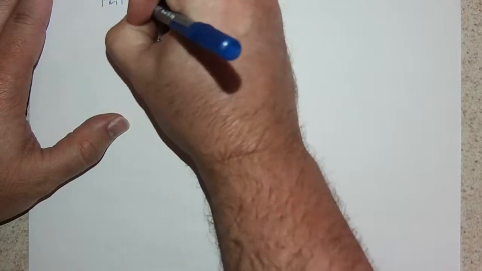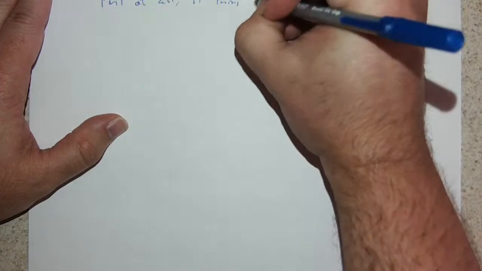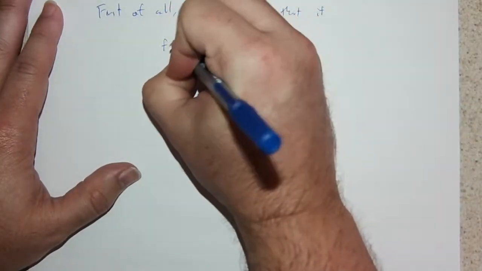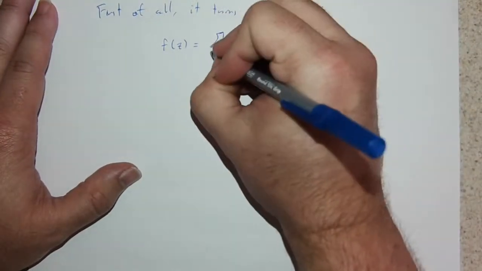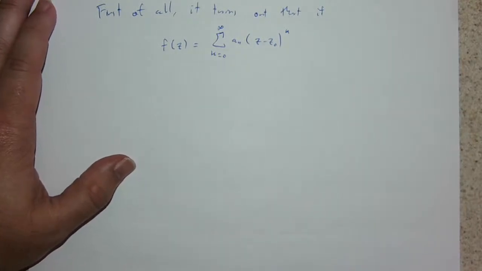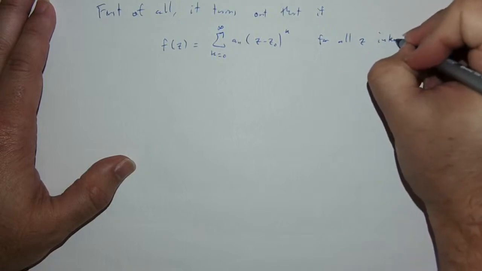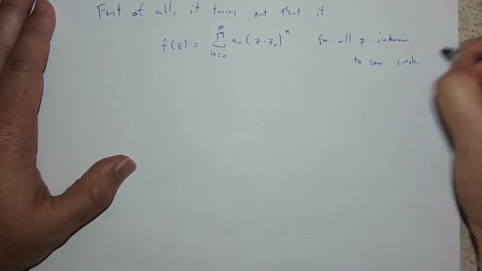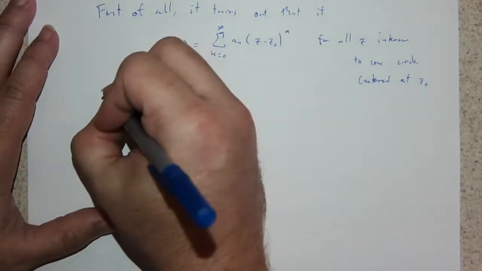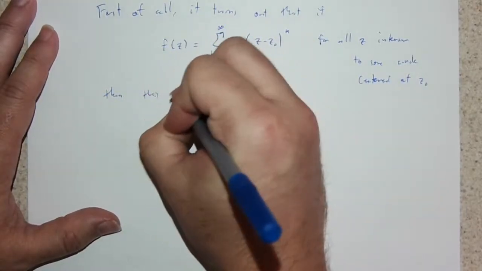And so what do we know? Well, first of all, I'm not going to state it yet, but it turns out that if, in general, we have a function that is equal to a power series, for all z interior to some circle centered at z naught, if this is true, then actually this series must be the Taylor series.